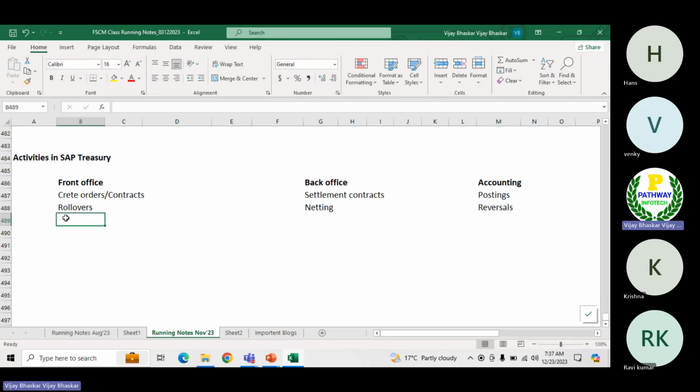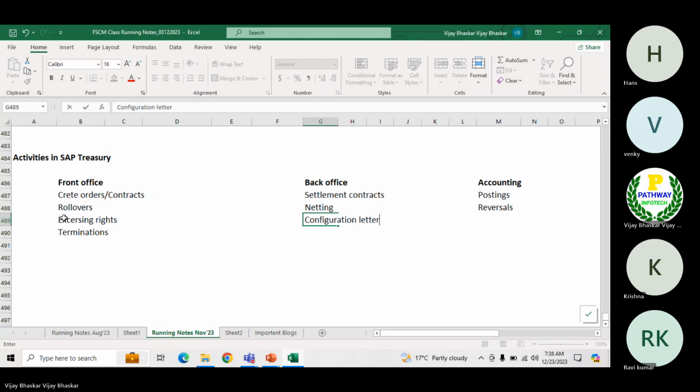Okay, first let us complete the front office activities. Then exercising the rights, the terminations, configuration letters, accruals and deferrals, then valuations.